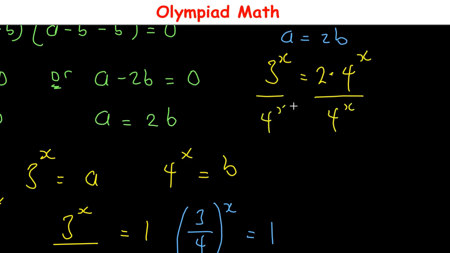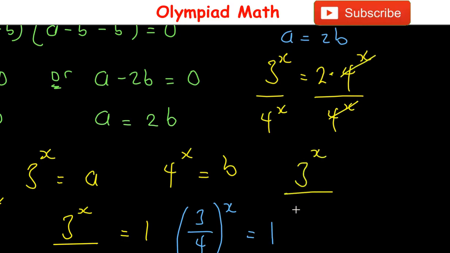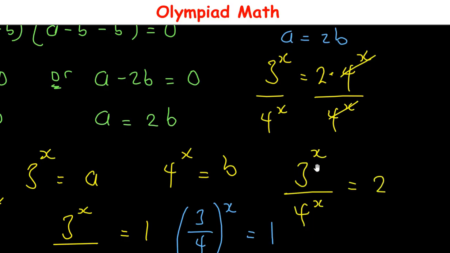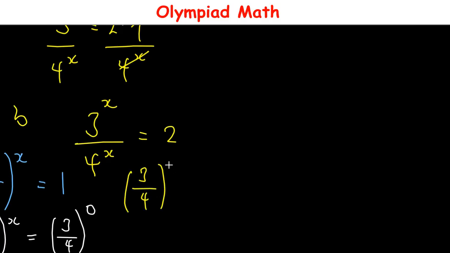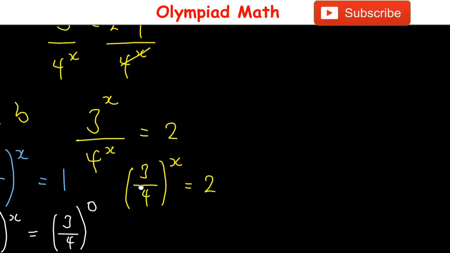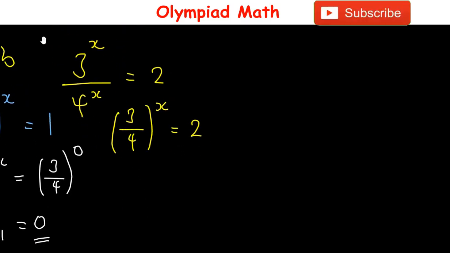We have 3 raised to power x over 4 raised to power x, and this equals 2. So at this junction, we can write this as in brackets 3 over 4 all raised to power x, and this equals 2. Next, we are going to introduce natural logarithm to this equation.